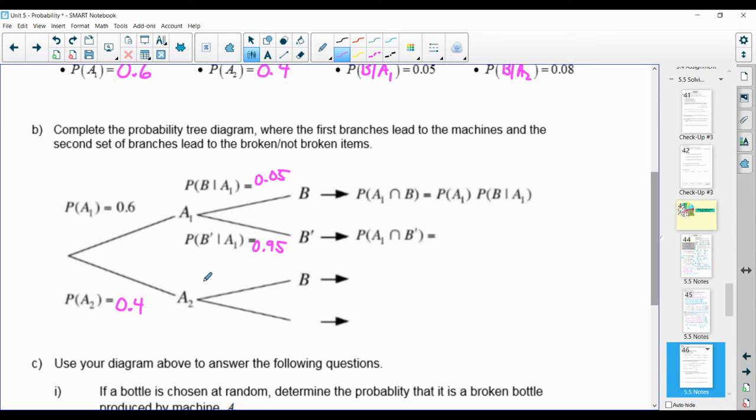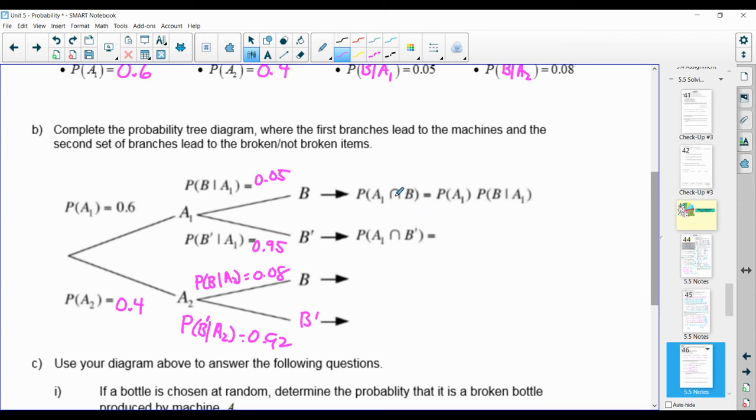Now for machine A2, we were looking at the probability of a broken bottle given that it comes from the second machine. This is 0.08. And the probability that it's not broken, given that it comes from machine A2, is 0.92.